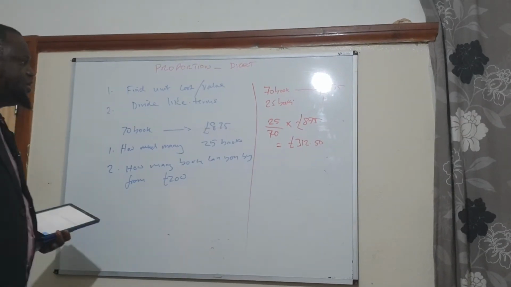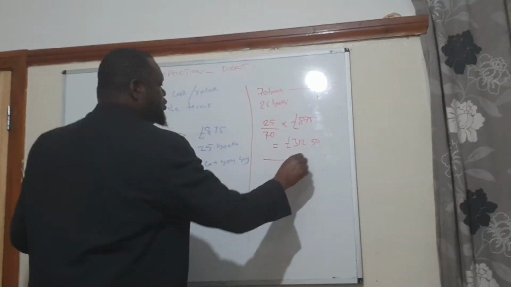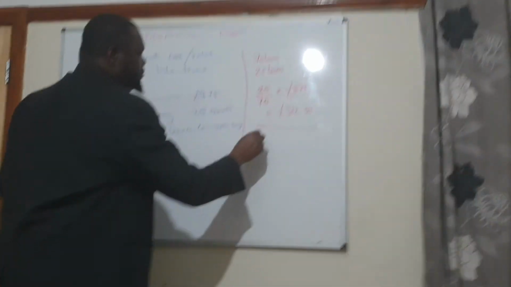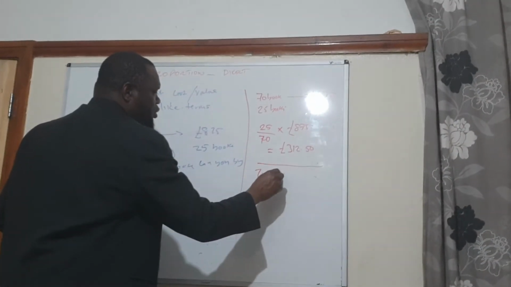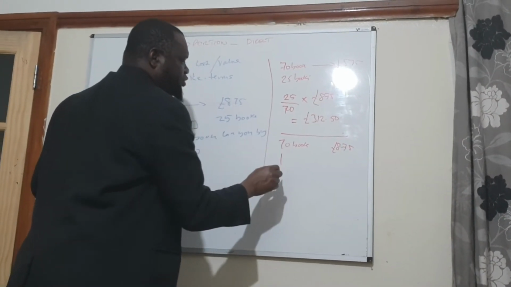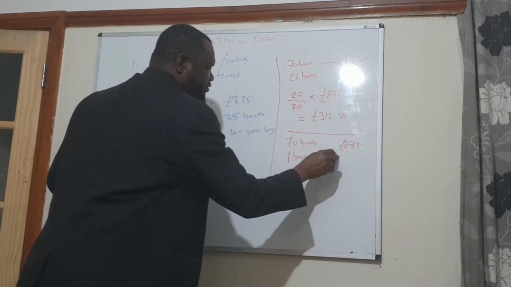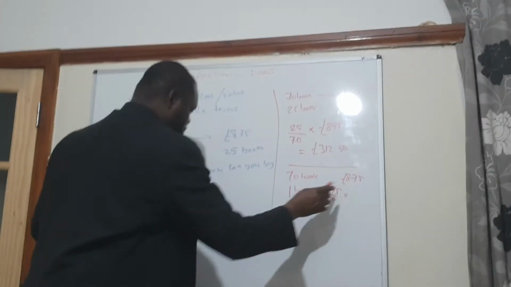Now, if you are going to use the unit cost, we're going to find, if 70 books cost £875, what will one book cost? One book will be 875 divided by 70, isn't it?